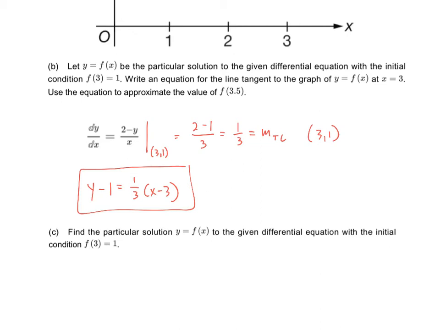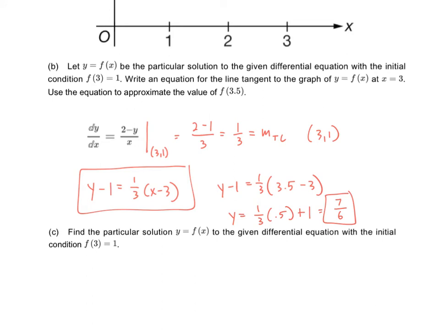at x equals 3. Then they say use this equation to approximate the value of f of 3.5. So now we'll plug in 3.5 for x, and then just start solving. So that means that y equals 1/3 times 0.5 plus 1, which is, a third times 0.5 is a sixth, plus 1 is 7 over 6.